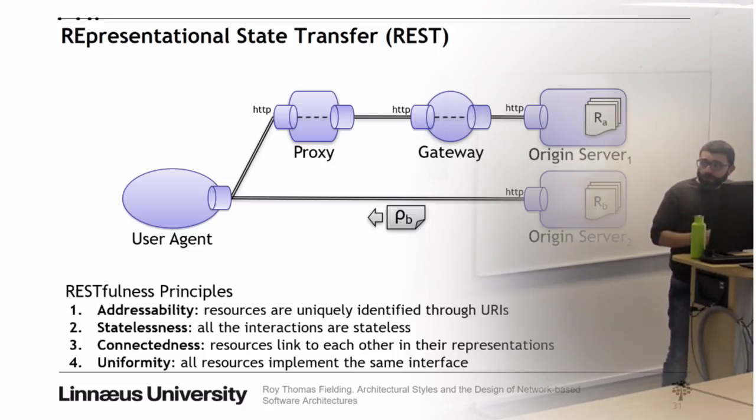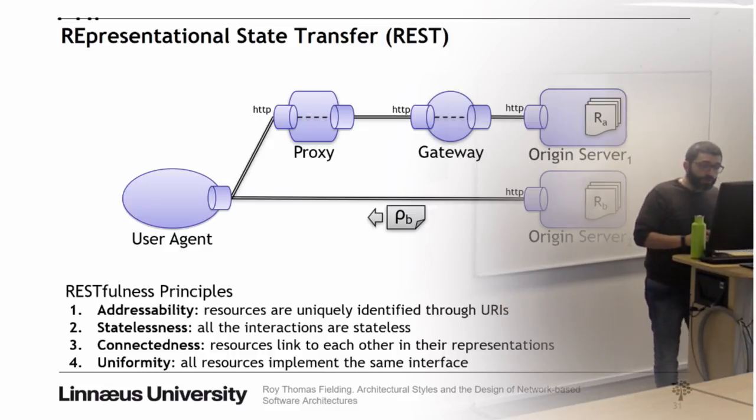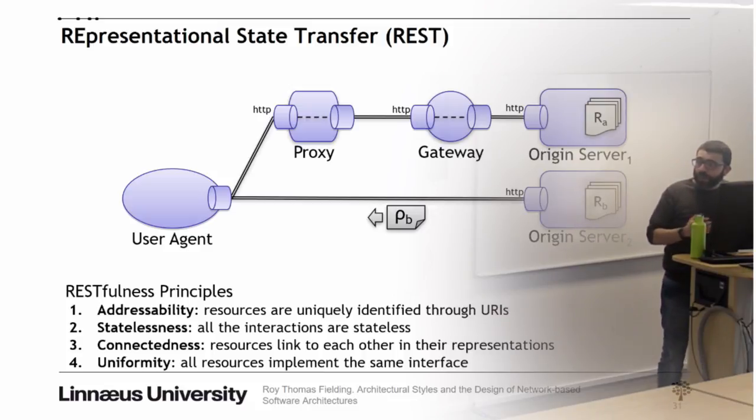Whenever a user agent sends a request to an origin server, the origin server sends back a representation of this resource. We can have many different representations for a single resource. For example, a resource can be, I don't know, a record in the database.